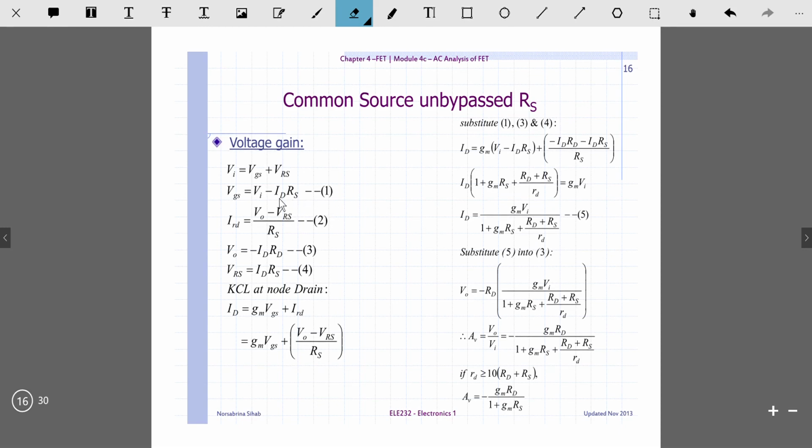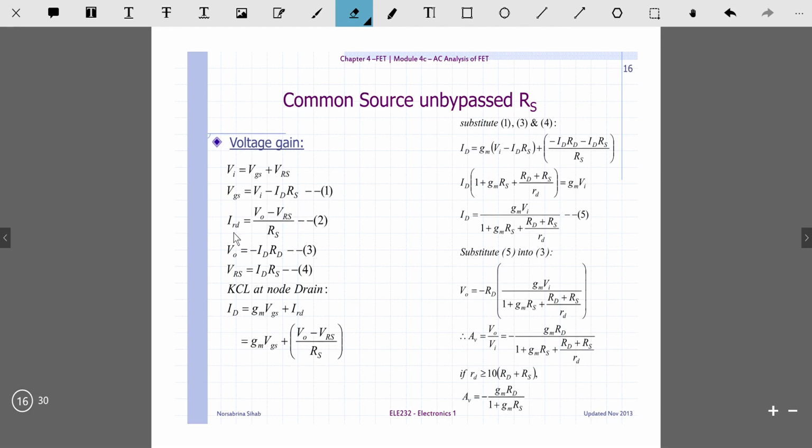This actually comes from this equation over here, but for VRS you have to substitute the equation, minus IDRS. So from there you move the VRS to the other side and you get VGS equals V in minus IDRS.